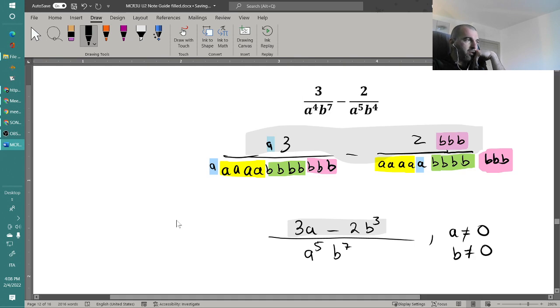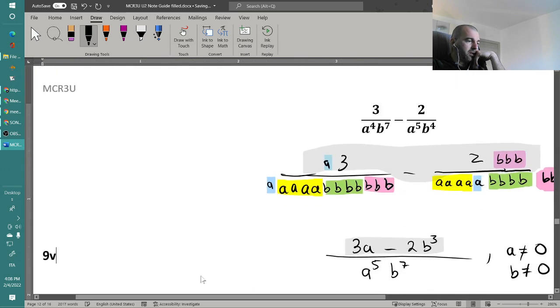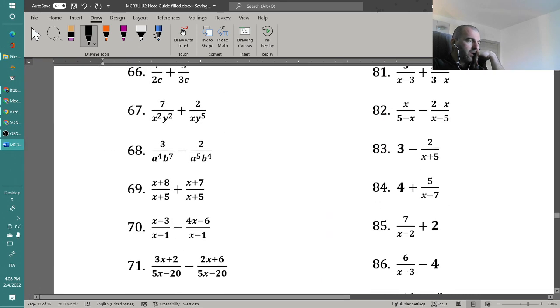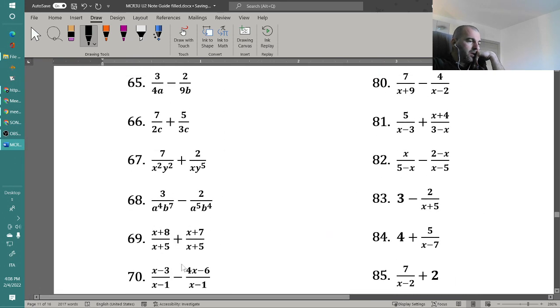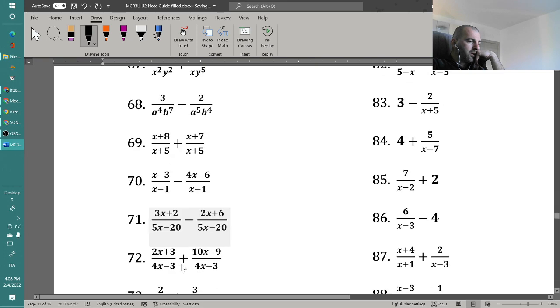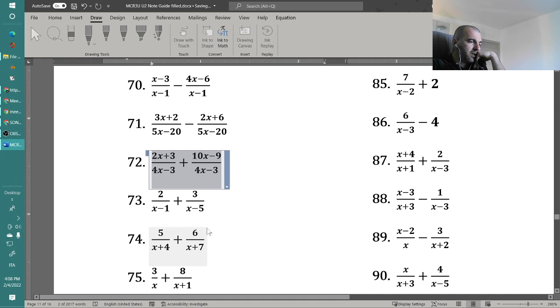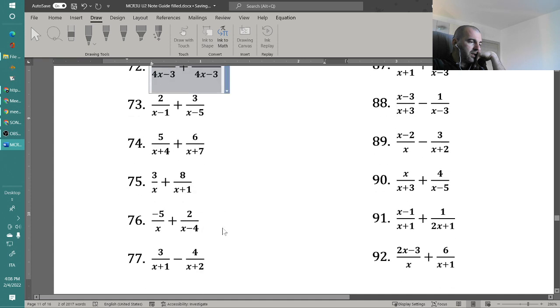We got some time to do another. These ones here have denominators pretty much already. Let's do, for example, this one, 76, looks like to be a little bit of a fun one.